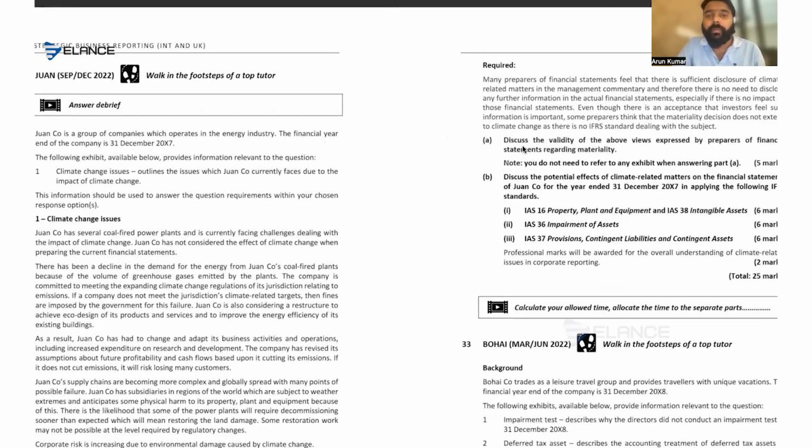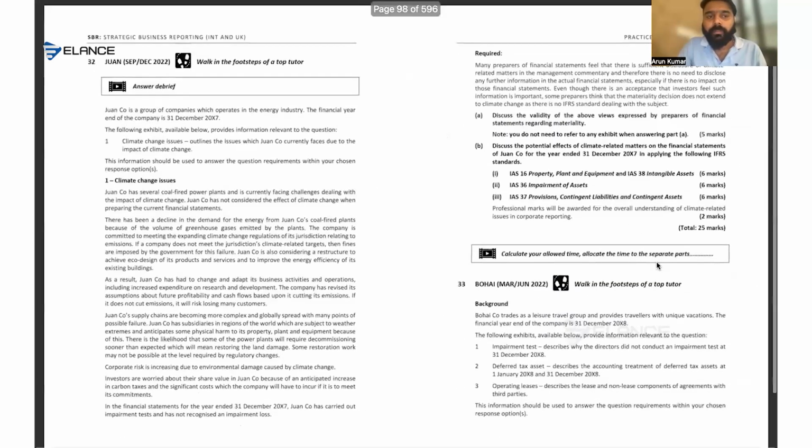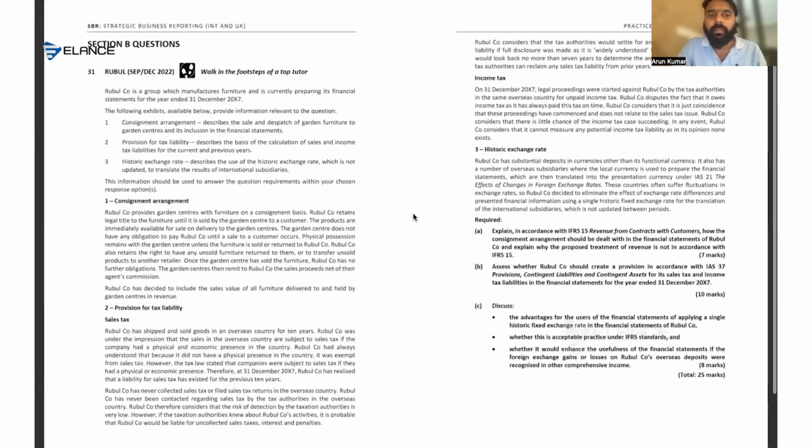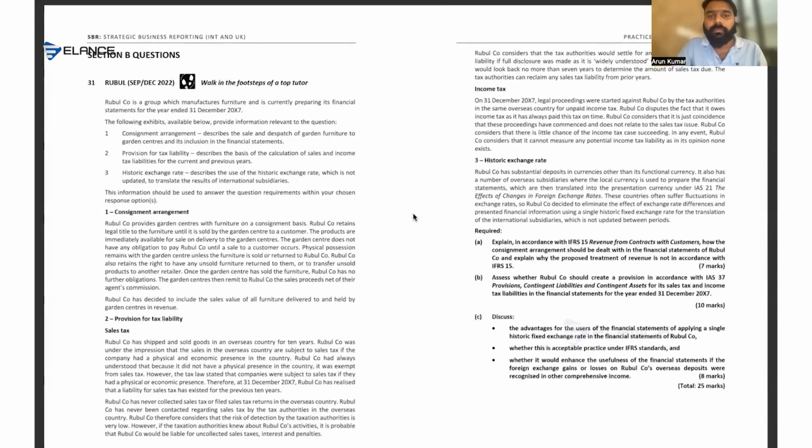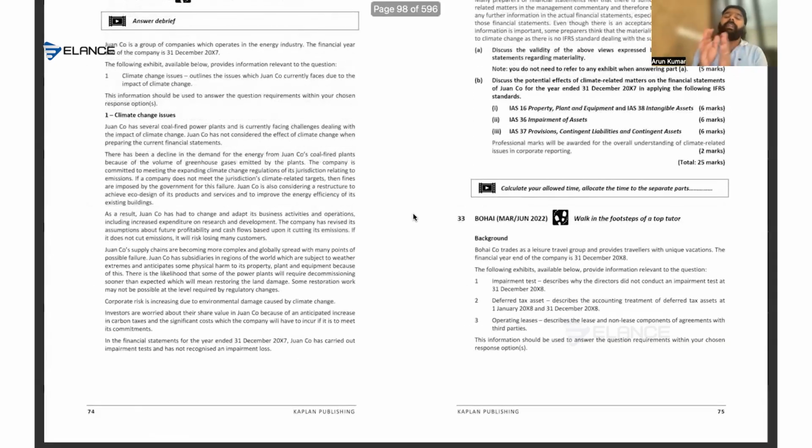As part of ACCA, being a professional body, we have to mention it to the users. Is that clear, everyone? So you got an idea of how each standard will get tested in section B.